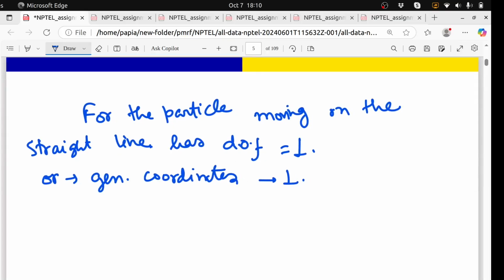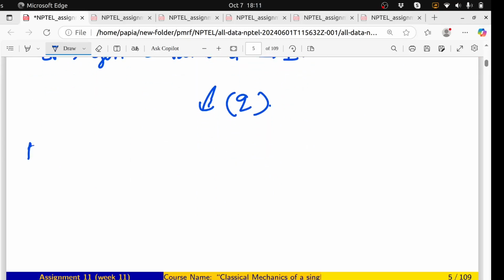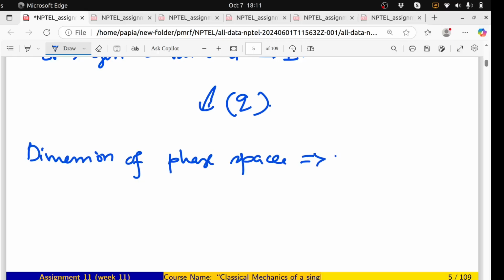Let's say I call the generalized coordinate Q. Then the dimension of phase space will be 2 into 1, which is 2.